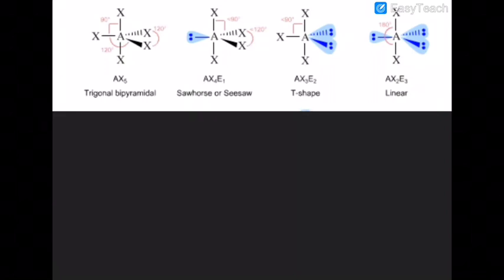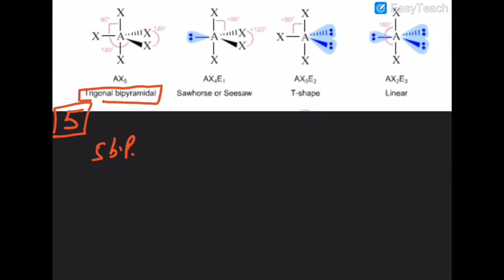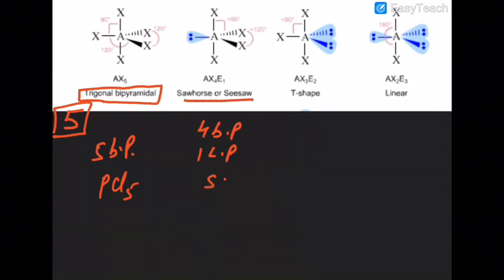Now, in case there are 5 electron pairs, if there are 5 bond pairs, it will be a perfect trigonal bipyramidal geometry. In PCl5 it happens. If there are 4 bond pairs and one lone pair around the central atom, then you have a seesaw structure, that is SF4.